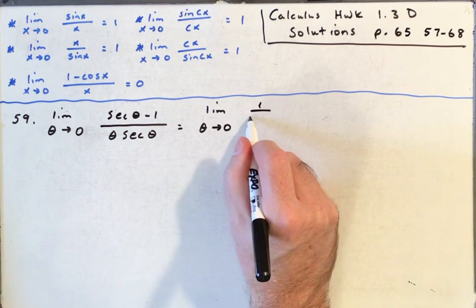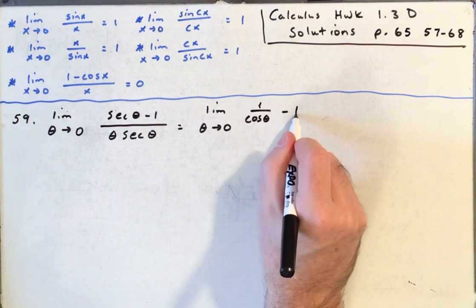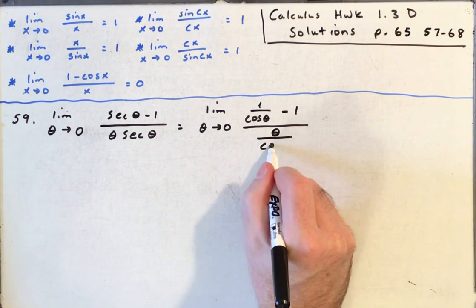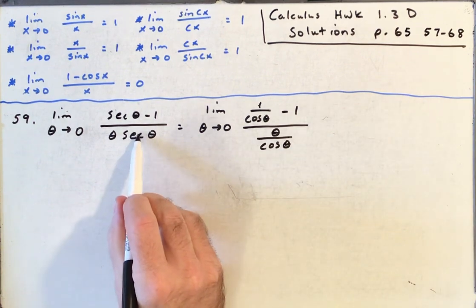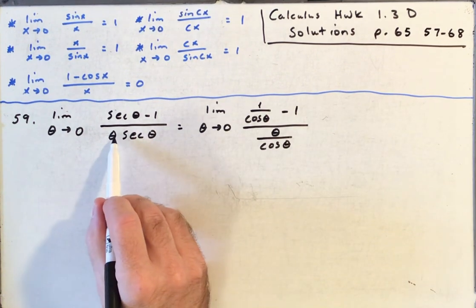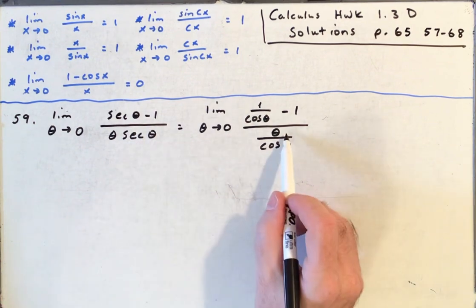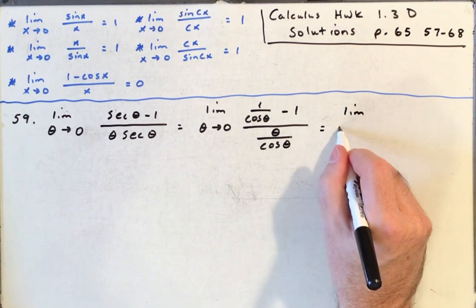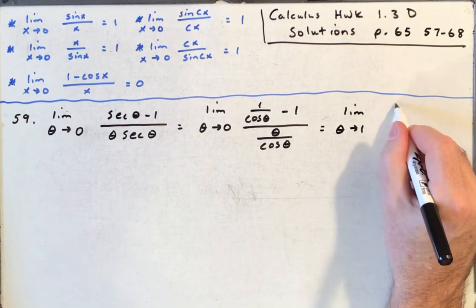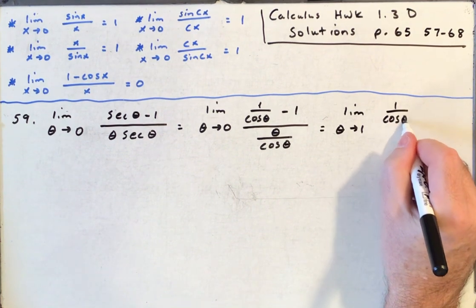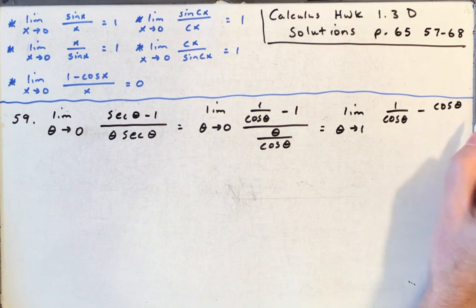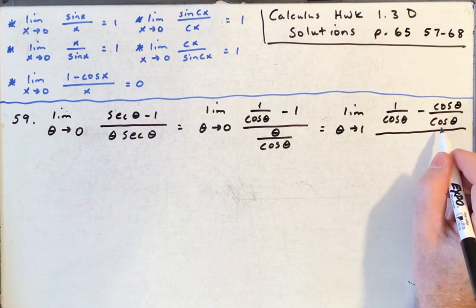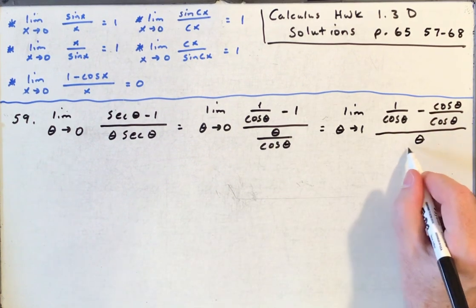So it's going to be 1 over cosine theta minus 1 over theta over cosine theta. Okay, since secant's 1 over cosine, then if you multiply theta times 1 over cosine, you get theta over cosine theta. Now I'm going to change that 1 into something more useful. How about 1 over cosine theta minus cosine theta over cosine theta? That's a clever version of 1, isn't it?